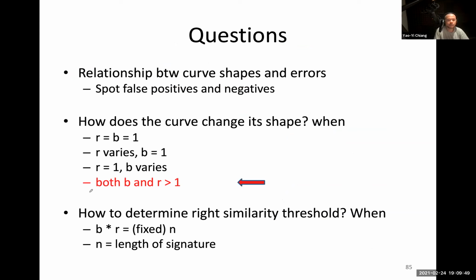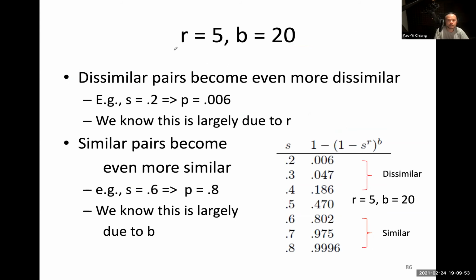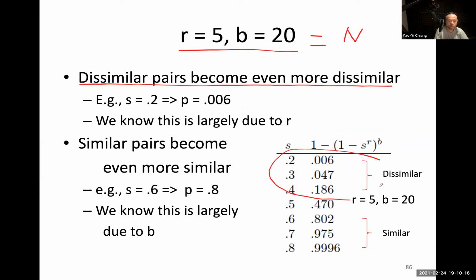So let's now look at both B and R larger than 1. So this is your normal case. You have an N number of signatures that you can play with, and you want to decide on the R and B. And R times B is always equal to your N. So in this case, if you have R equal to 5, B equal to 20, these dissimilar pairs become even more dissimilar. Okay. Right?